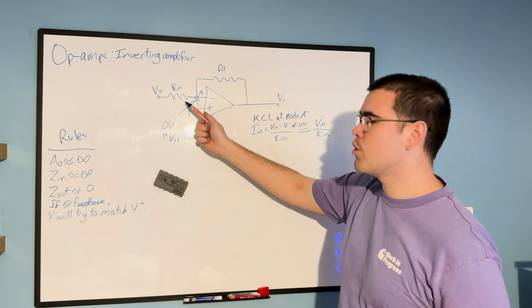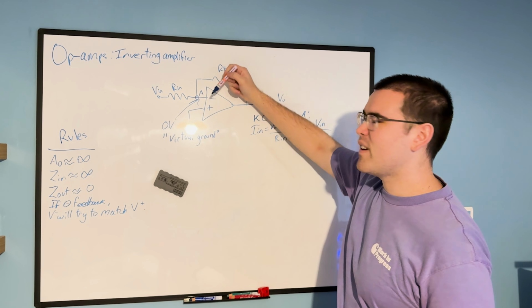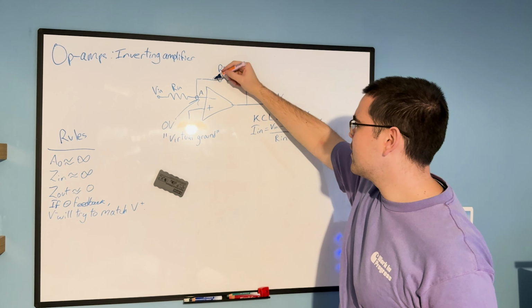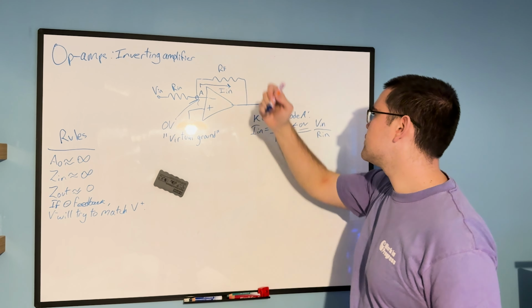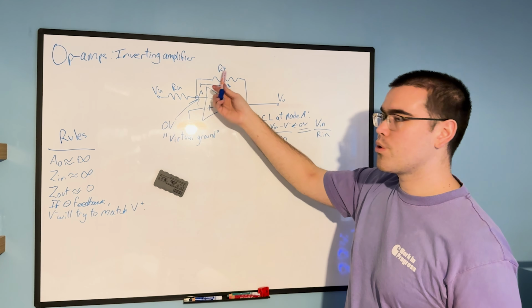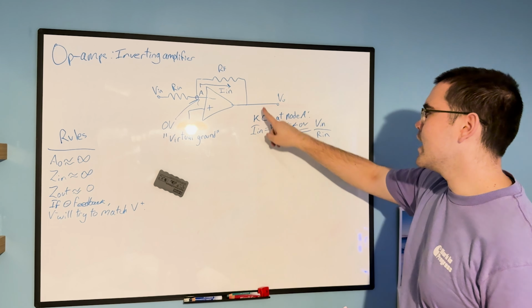So it's a hard day's work for the input current to make its way into the op amp. So it will just find another way around to get to the output. It will follow this way. The input current will actually flow through the feedback resistor to the output voltage.